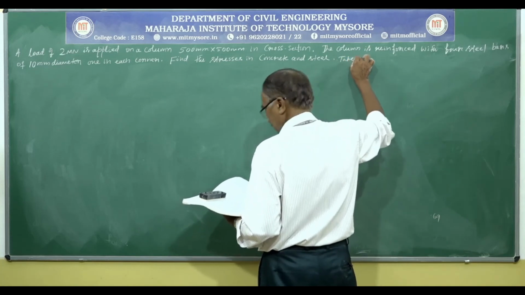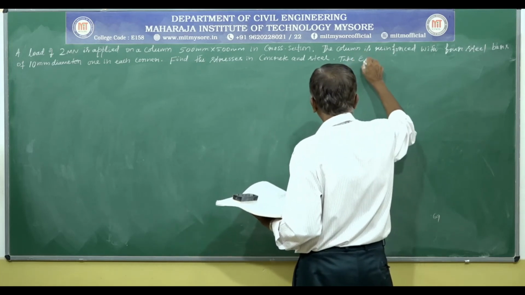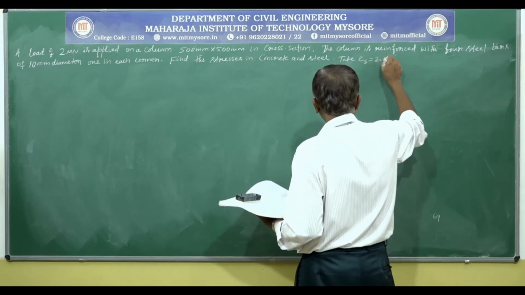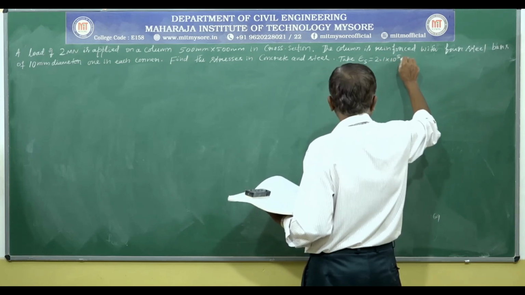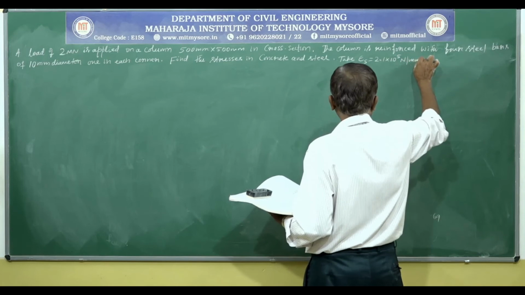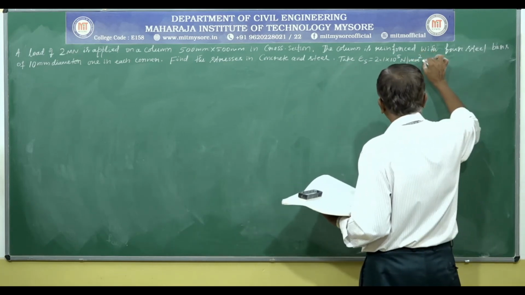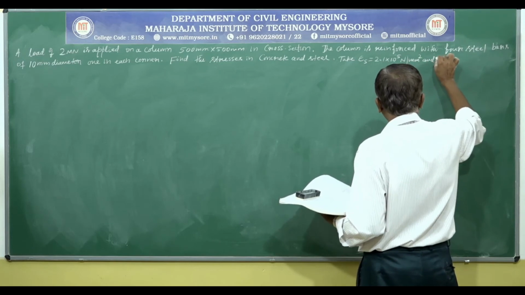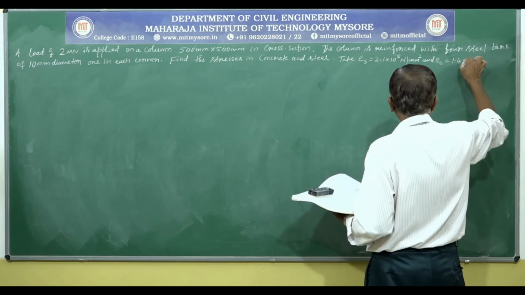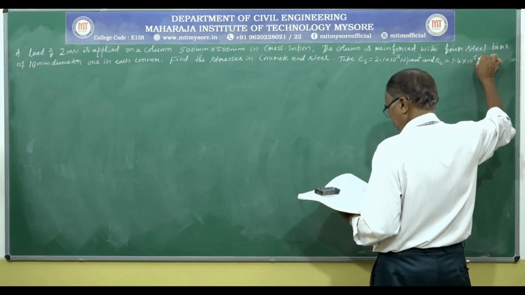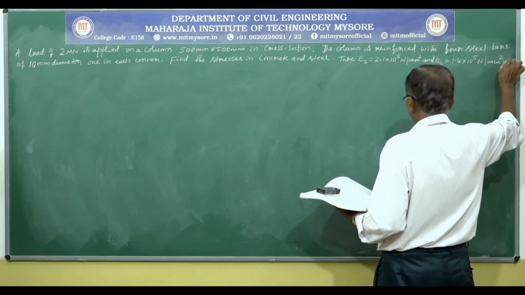Take Es is equal to 2.1 into 10 power 5 Newton per millimeter square, and Ec is equal to 1.4 into 10 power 5 Newton per millimeter square.